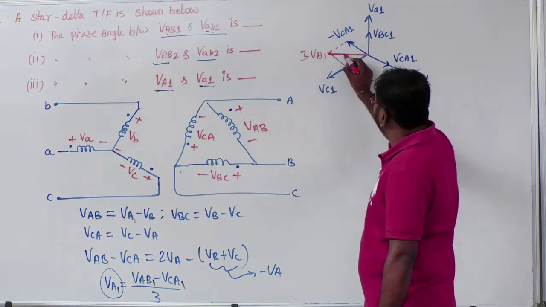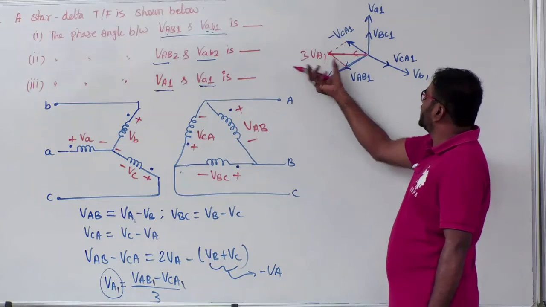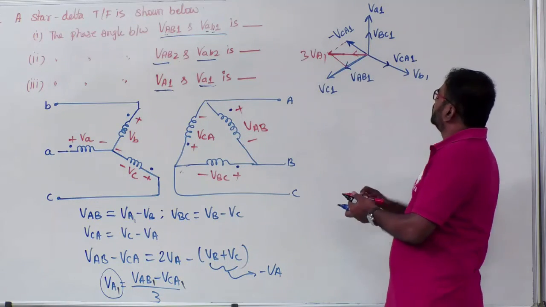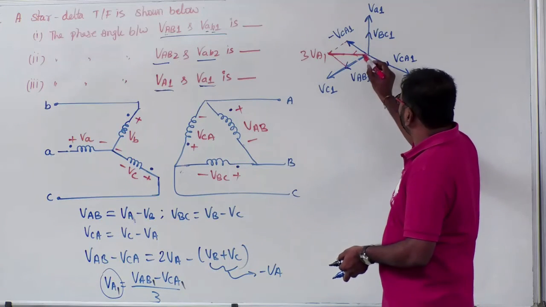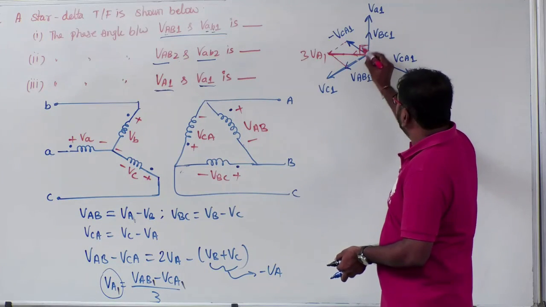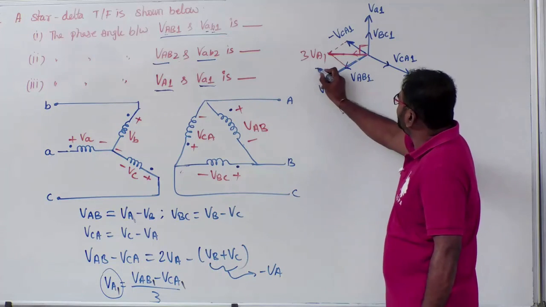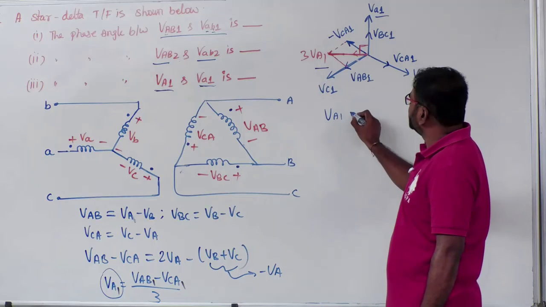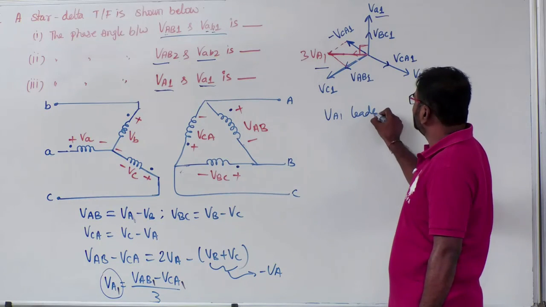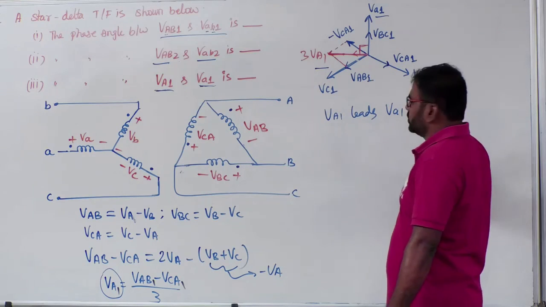Okay, exact value of VA is what? Here. This is what VA1. Because if this is 3 VA1 means what? This small length is what? VA1. Okay, anyway, this is the VA1 vector position and this is small VA1. From this what you can understand? Capital VA1 leads small VA1 by 90 degrees.